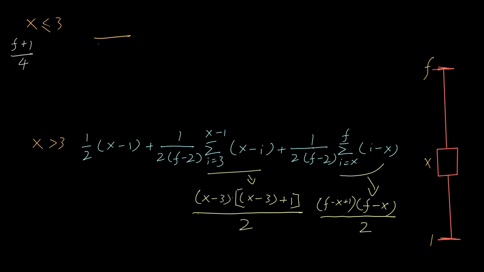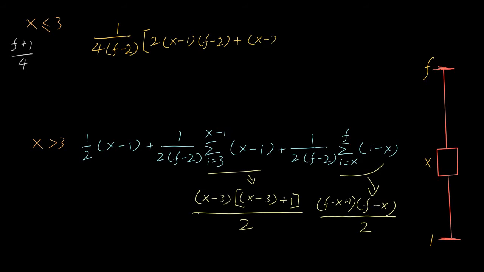So first of all, I'm going to extract 4f minus 2, because this is kind of a common thing in this formula. And then inside of that, the first part is transformed into 2 times x minus 1 f minus 2.